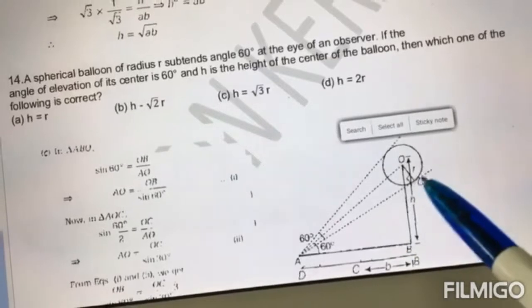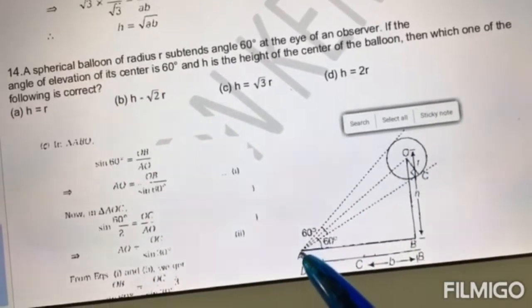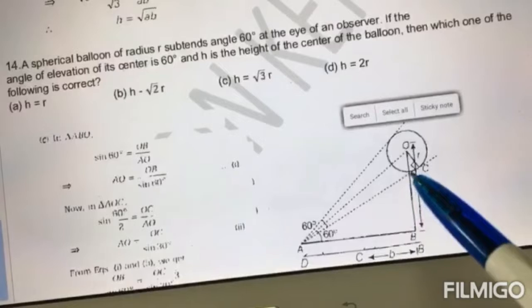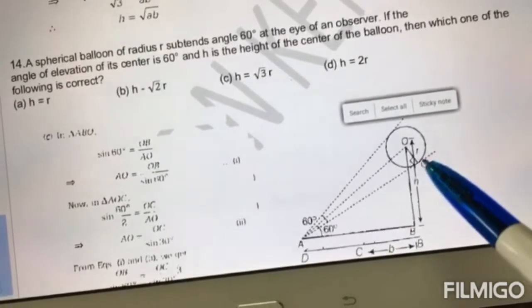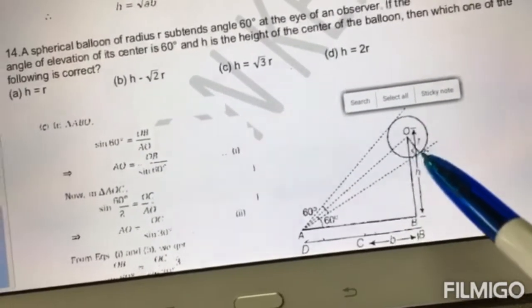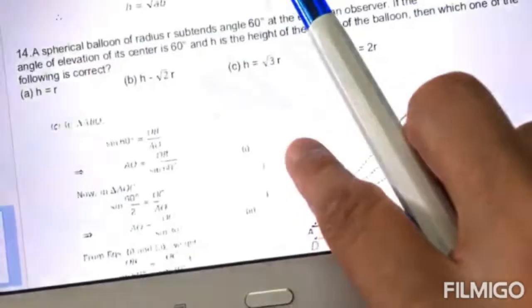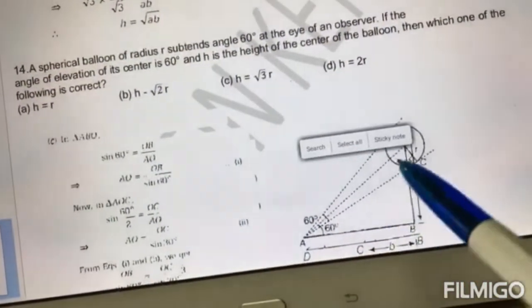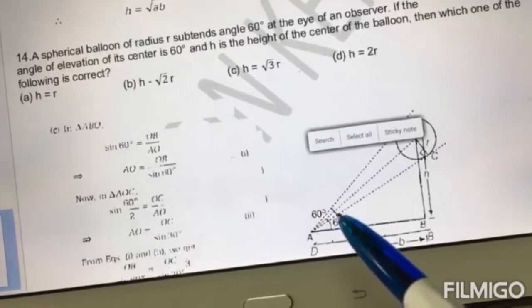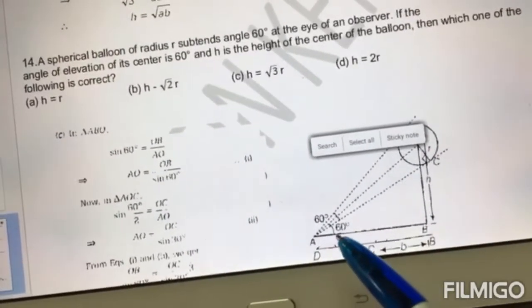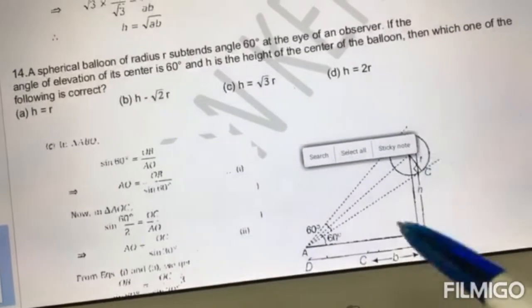Now let us draw another triangle. From the eye of the observer to the side of the circle as a tangent at point C, so that we get this triangle OAC. Here also, sine 60 divided by 2.